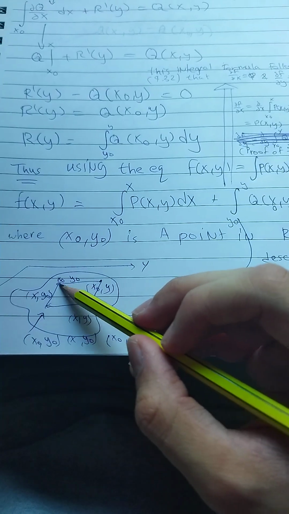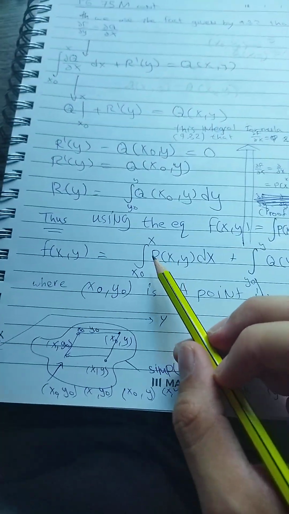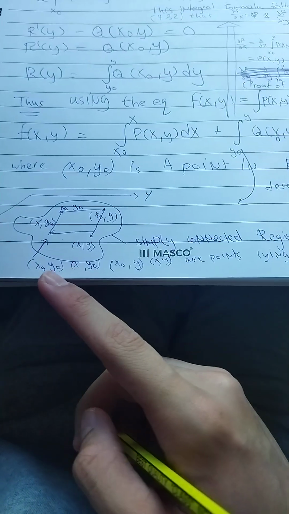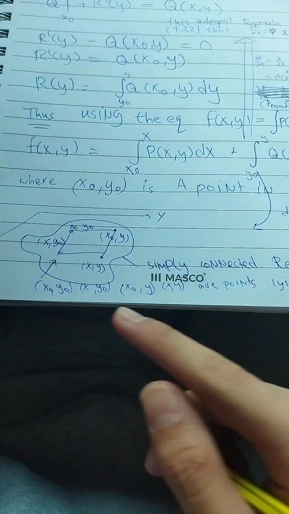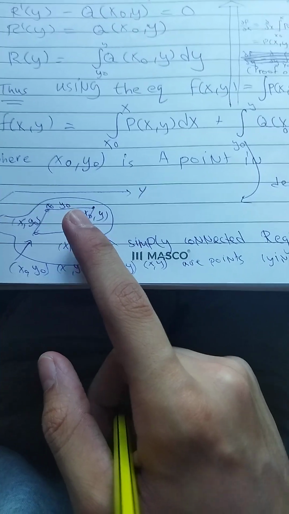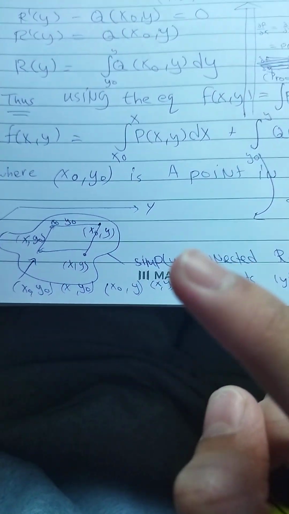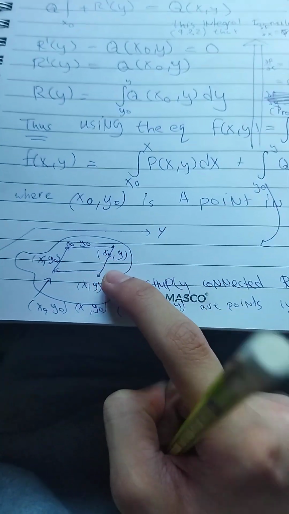And this integration basically holds if the rectangle that connects these points, which are x0, y0, x, y0, x, y, and x0, y, is inside that region.